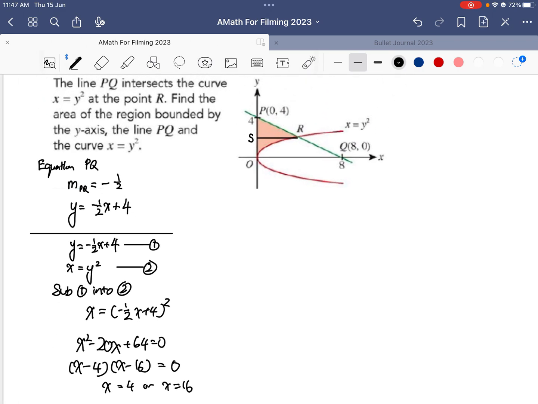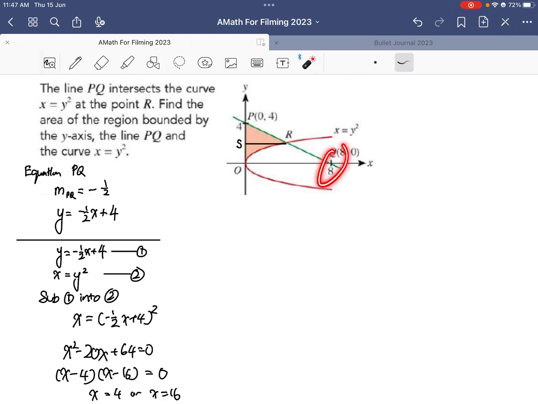You might be wondering, where in the world did x equals 16 come from? Since right here is only 8. So basically, this curve will go on some more. This line will also go on. So when they intersect again, that's where the 16 will come from. But quite clearly, we are working in terms of the x value that is below 8.